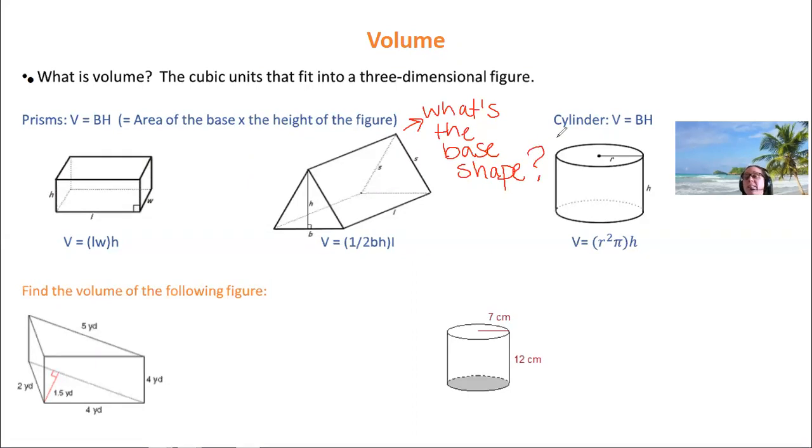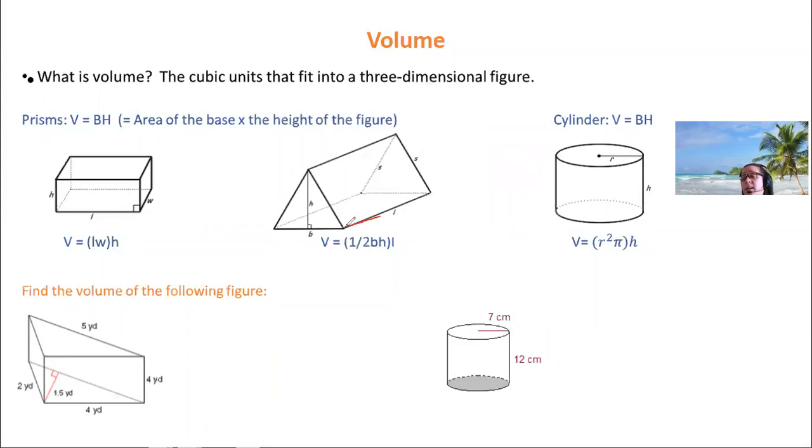I totally get it. So the reason that we asked that question is because our formula is area of the base, so big B, times the height of the figure. So you have to know what shape you're looking for the base. It's really easy to say one of these is the base, especially if this is turned on its side. Okay, so the base isn't necessarily what the figure is resting on.